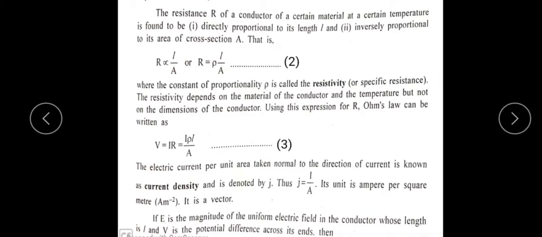Let V be the potential difference across the ends of the conductor. In the second chapter we learned there is a relation between electric field and potential.